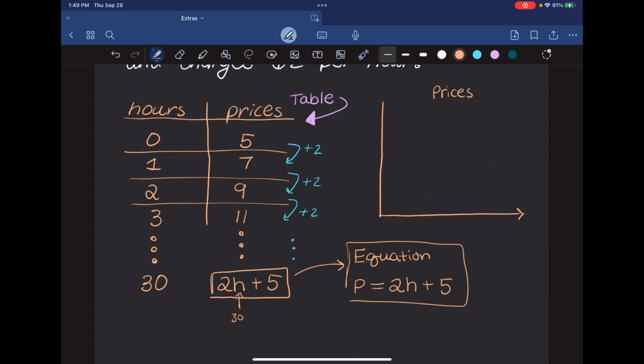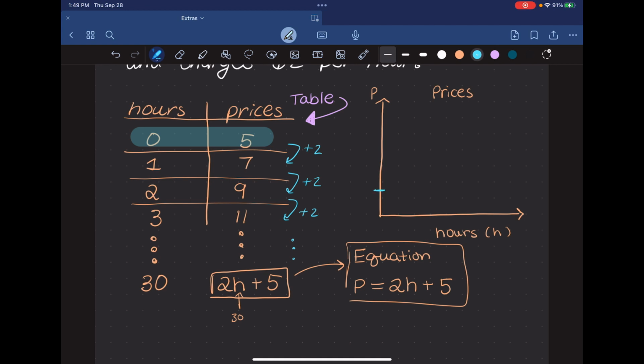And maybe on this horizontal axis, I could put my hours spent, or H. And on my vertical axis, I could have the price, or P. And so at 0 hours, my price is 5. So this is actually going to correspond to a coordinate pair on this graph. So when my hours are at 0, my price is 5.